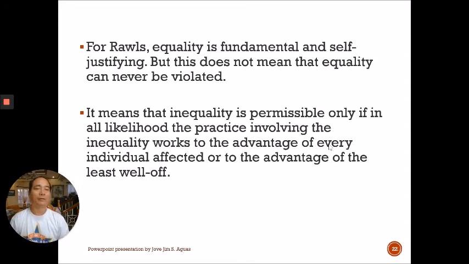But in this case, we can violate this equality by not giving some people, some families. All right, under what condition? That it will benefit the least advantaged. It will benefit the poor. So why give the rich? They already have plenty. So we can violate equality by giving more to the poor because they are the least well off.